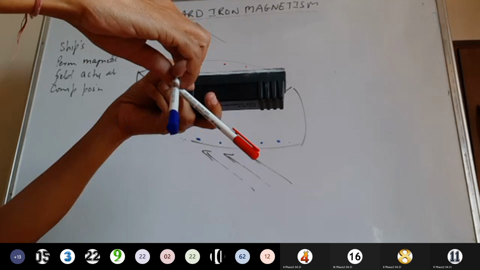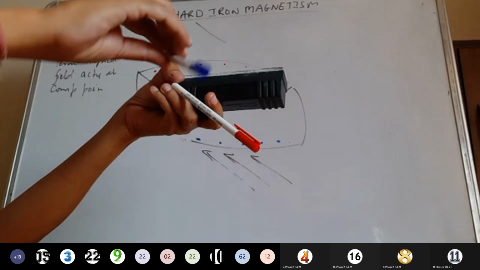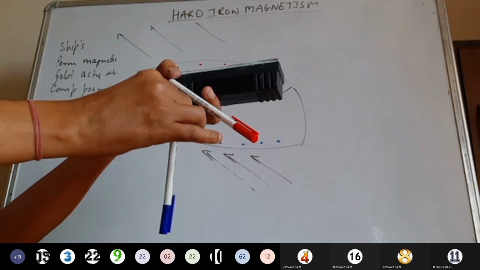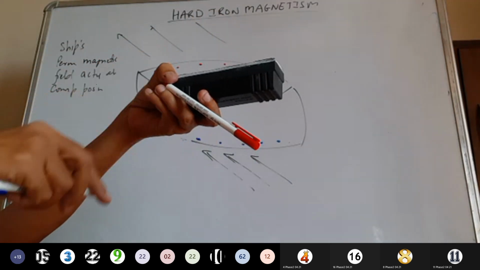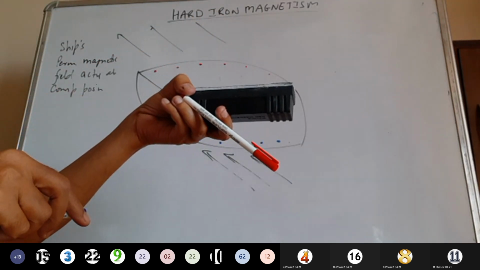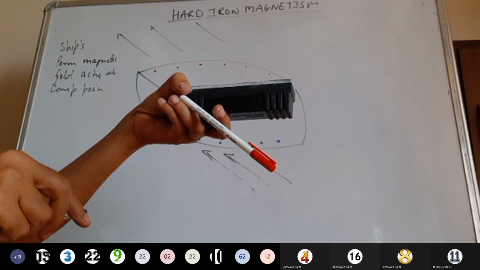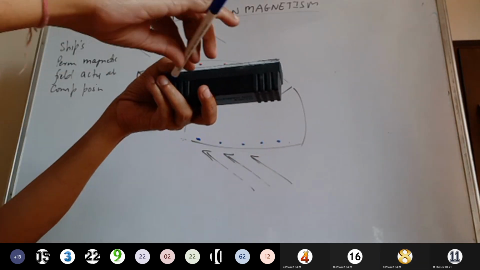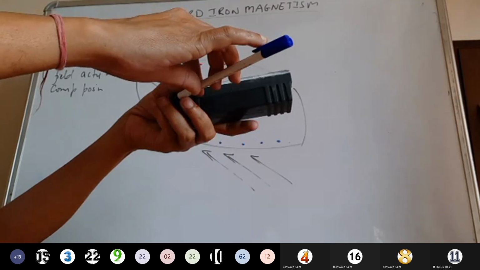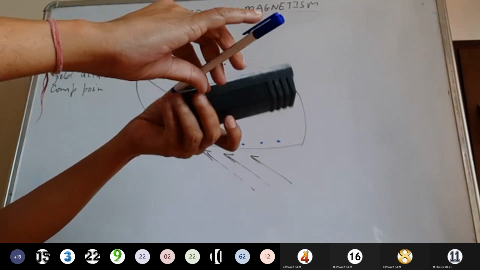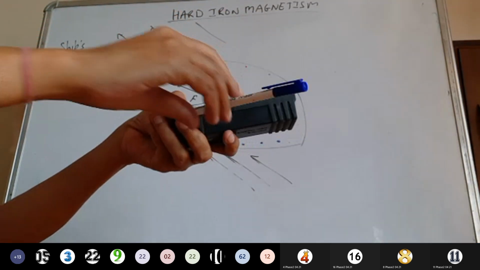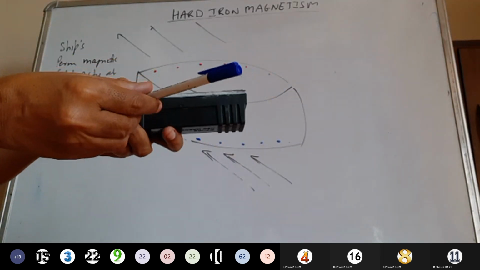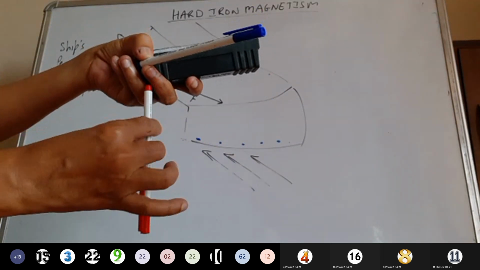So the total magnetic field acting at the compass position we can resolve into a horizontal component and a vertical component. This is the horizontal component, and this is the vertical component. Is this understood?